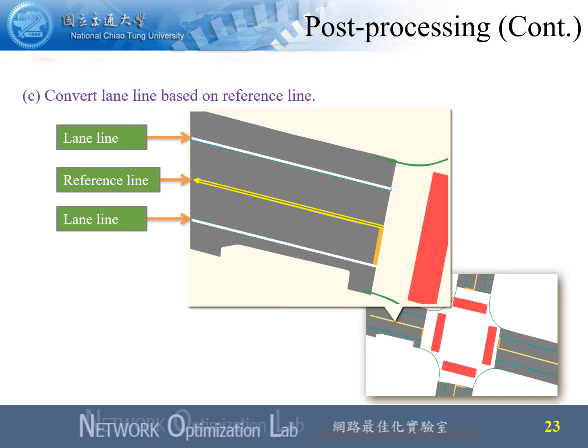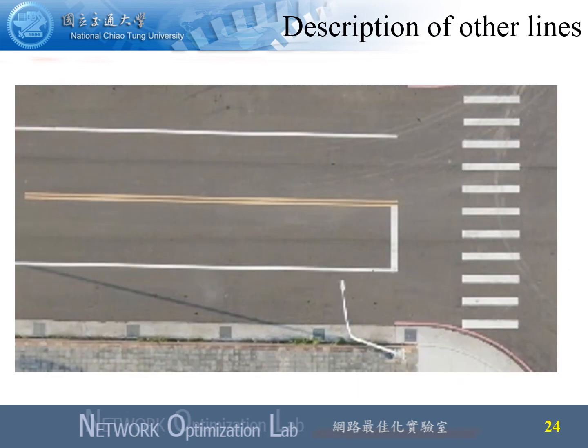To simplify the line in question, the end of the line is defined as the start point, and we take the end point near the intersection as the start point. The rest of the lines are described as the lane width to every point of the reference line.